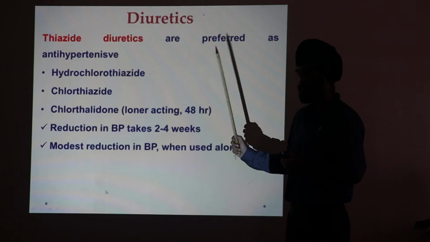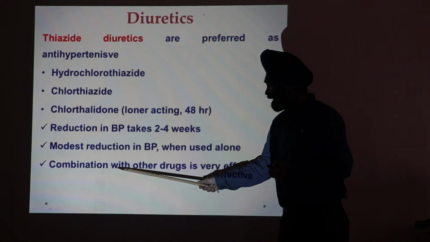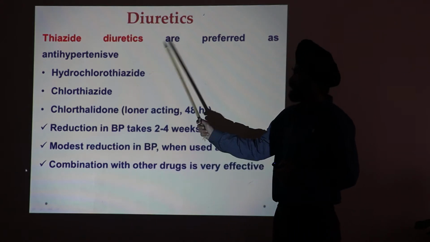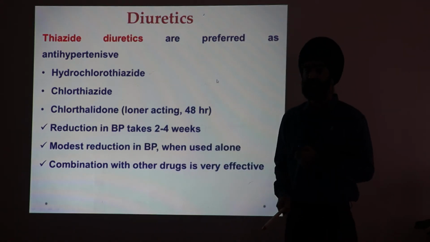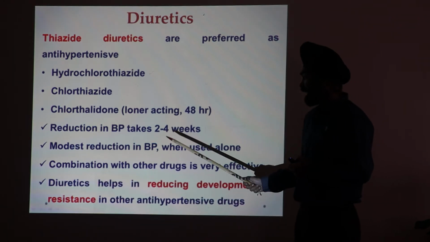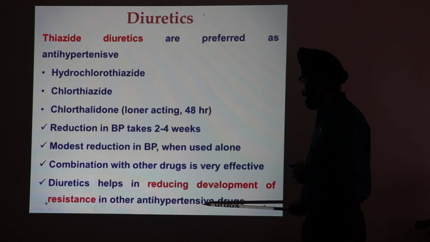But their major significance is that if you combine these diuretics with other drugs, then the combination is very effective. That is, the combination of thiazide with other antihypertensive agents is very effective. Why? Because it reduces the development of resistance to other antihypertensive drugs.